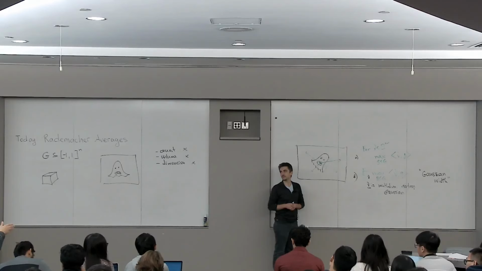From now on, the epsilon i are what are called Rademacher random variables. They're independent plus minus 1 coin flips, probability 50-50.